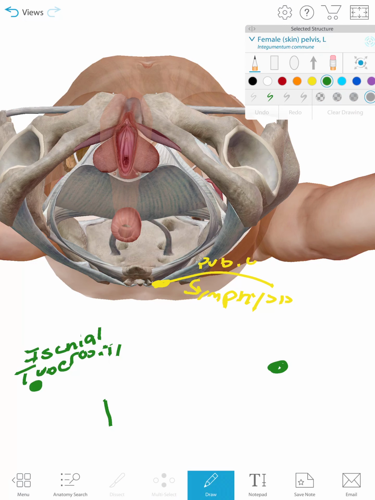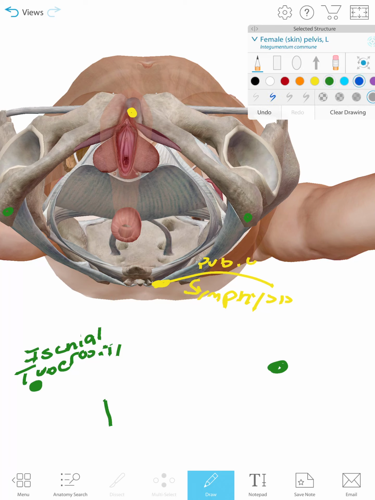All right, I'm going to have to redraw this again because I don't think it sticks. So this is the pubic symphysis. These are the ischial tuberosities. And if we draw a line from here to here, this here is the urogenital triangle, right?